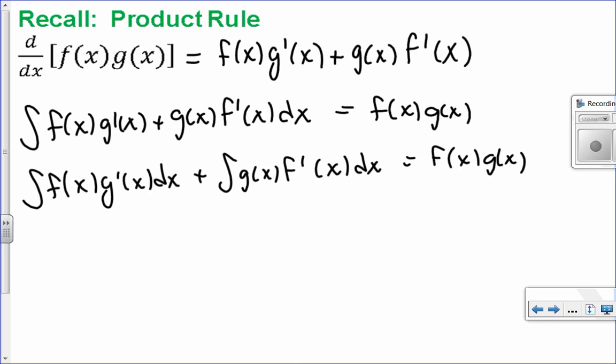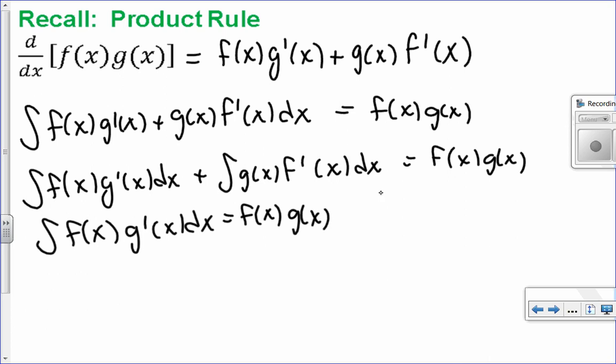Now I'm just going to isolate my first integral by subtracting my second integral from both sides. So I'll have the integral of f of x g prime x dx is equal to f of x times g of x minus the integral of g of x f prime x dx. And this is the formula or the process for integration by parts.